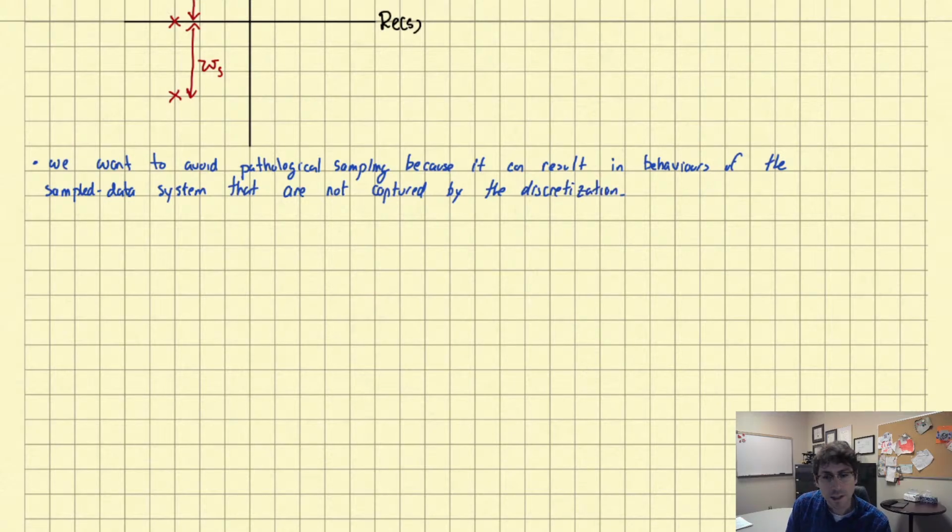You can almost think of it as aliasing, but at a system level, not at a signal level, right? It's like aliasing of systems. Okay, so we want to avoid this type of situation.